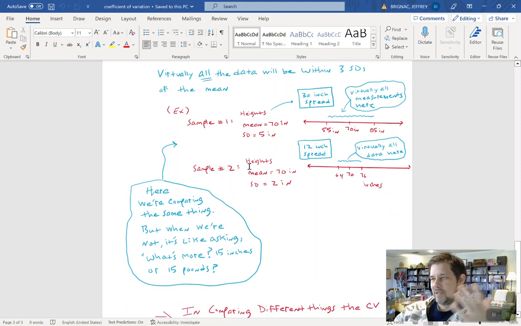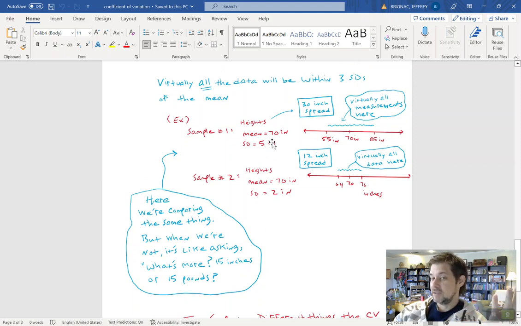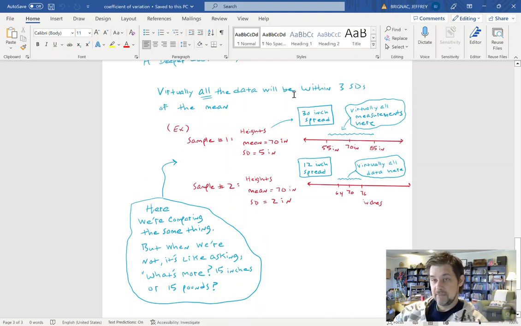Okay, so let's compare two made up samples. Say we had one group of 12 people and another group of 12 people, and I measured their heights. On the first group the mean was 70 inches and say the standard deviation was 5 inches. Now I'm saying virtually all the data, it's a safe bet, will be within 3 standard deviations of the mean. So here's a number line showing where the numbers are.